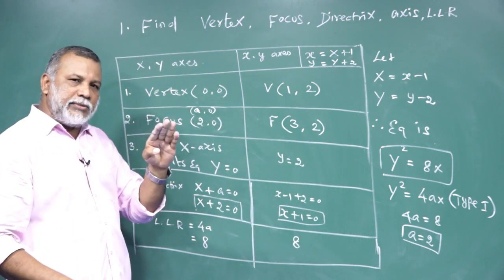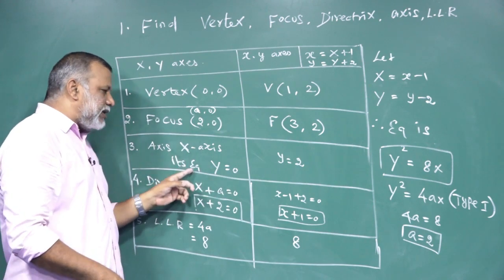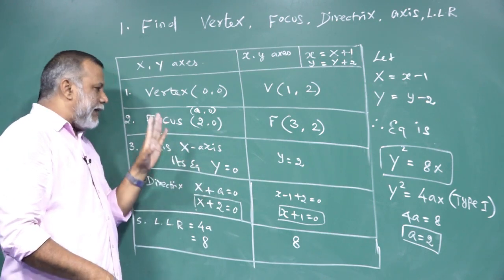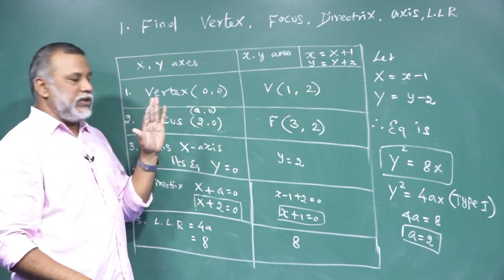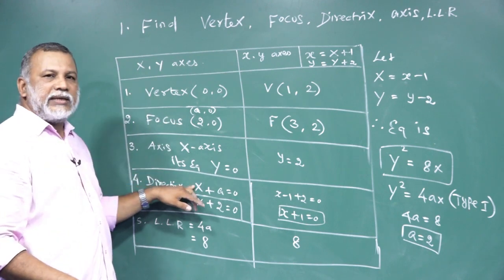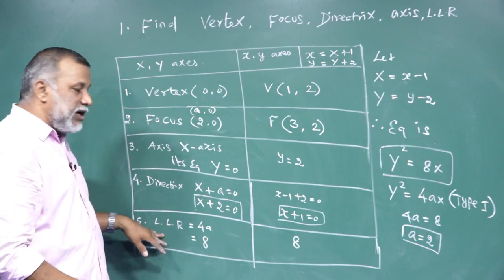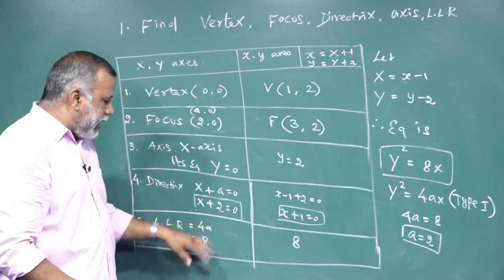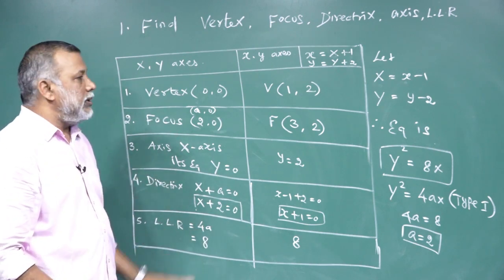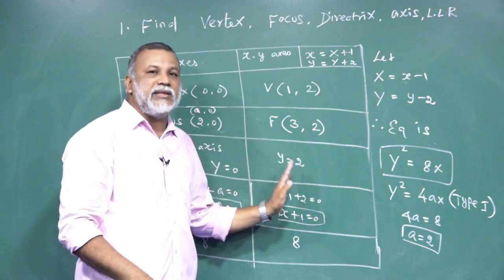Axis in type number 1 is the x-axis, its equation y equal to 0, but use capital X-axis, its equation capital Y equal to 0. Directrix, capital X plus a equal to 0; instead of a, replace 2. Length of the latus rectum is 4a; a is replaced by 2. Now you have to transfer this result.